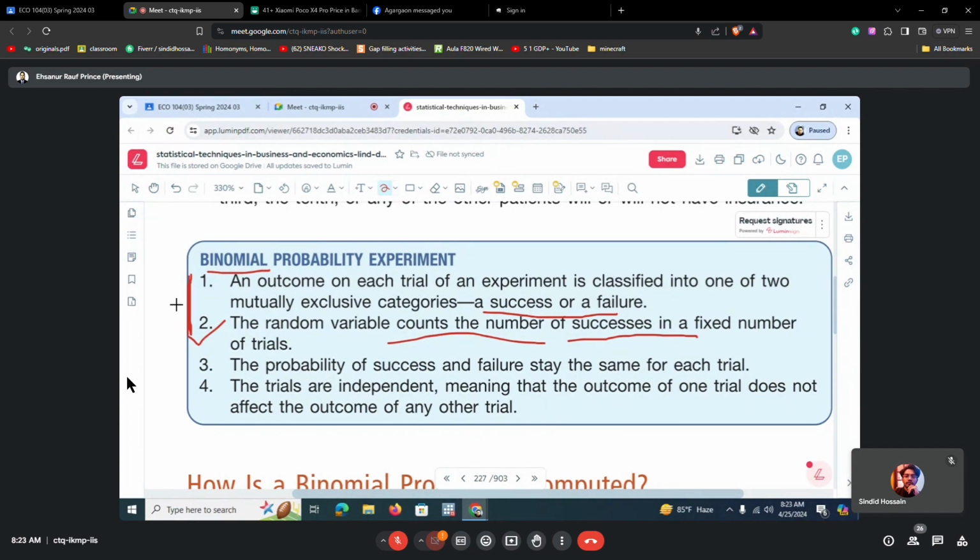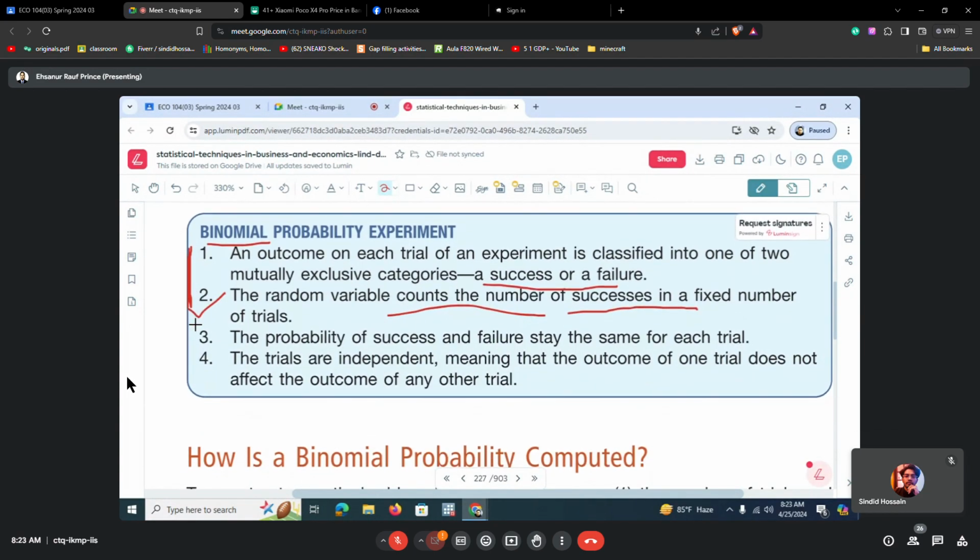So we have to study the 4 features, but the first 2 features will help us to distinguish the binomial from the other distributions. Don't worry, we will see an example. After explaining the example, I think your concept regarding the binomial probability distribution will be more clear. We'll be back to the properties of binomial distribution again after explaining the example.